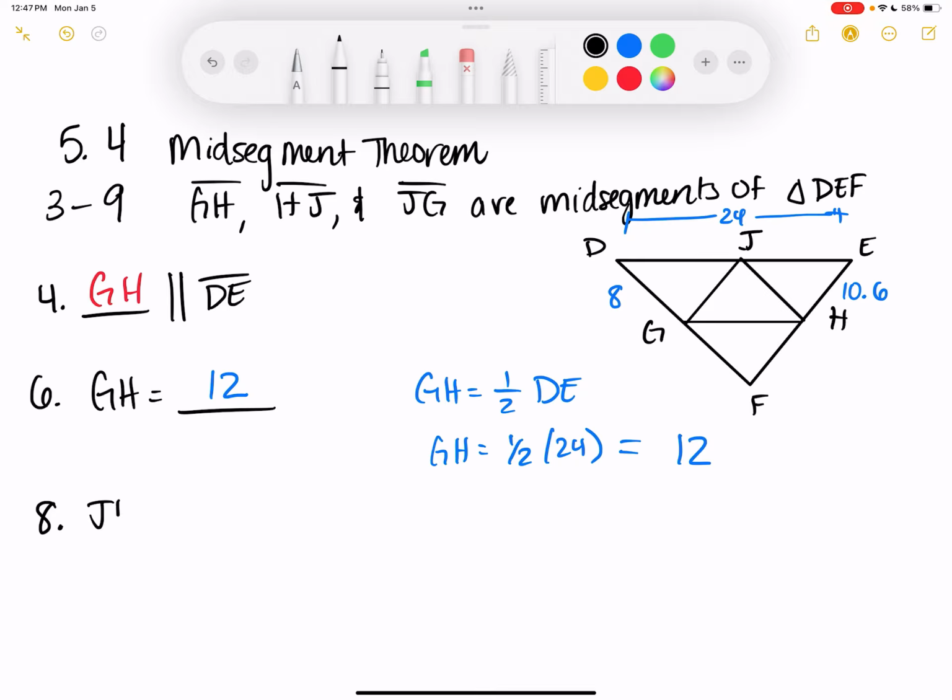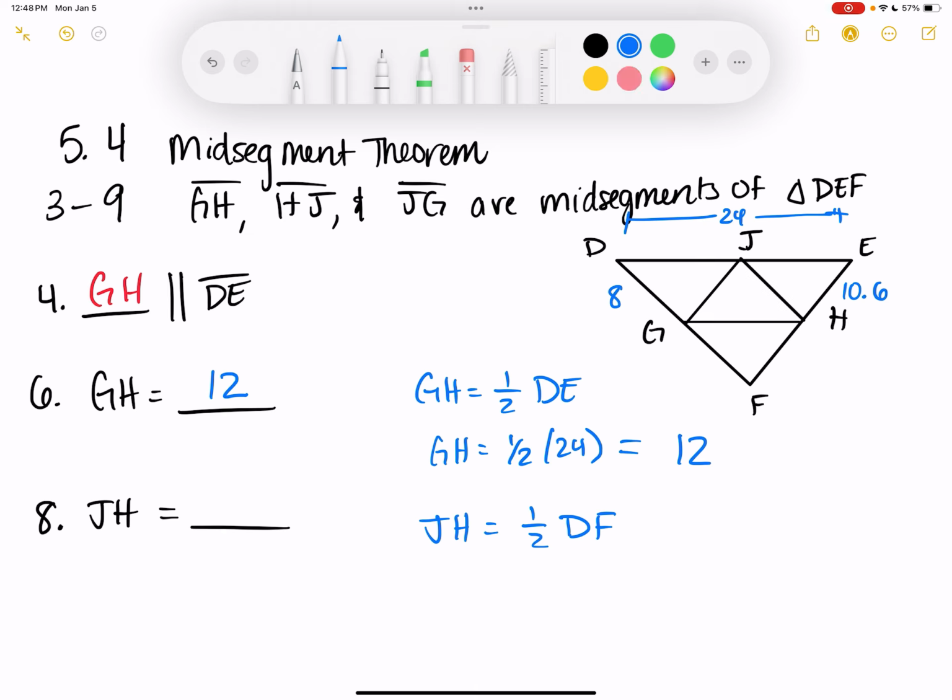Eight, JH is equal to blank. All right, so because this is a mid-segment here, I know that JH is equal to half of DF. Now, all I know is DG, but this is splitting this value here.